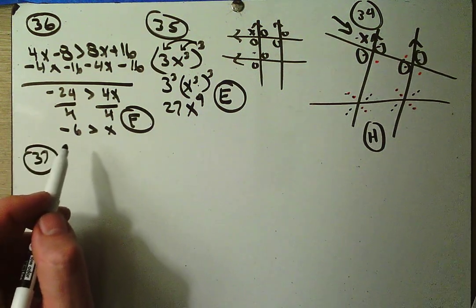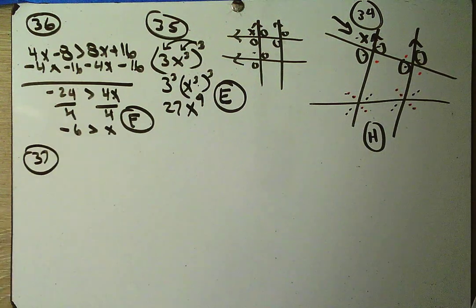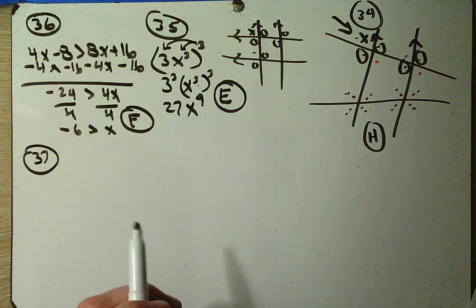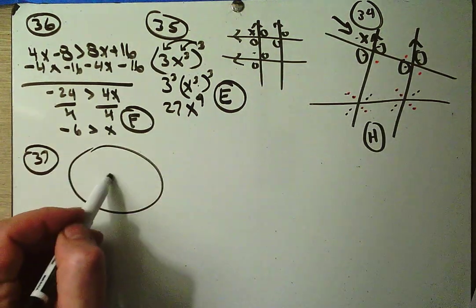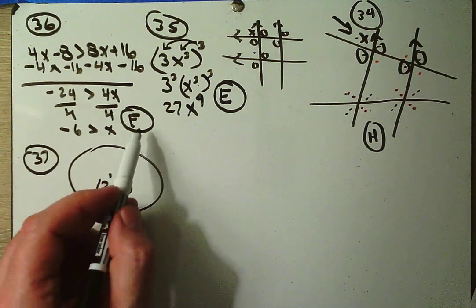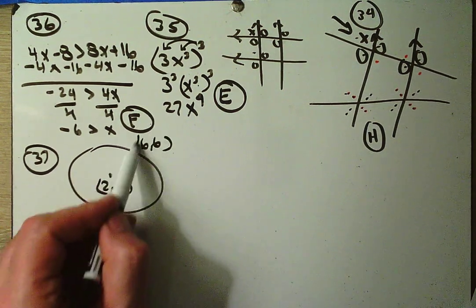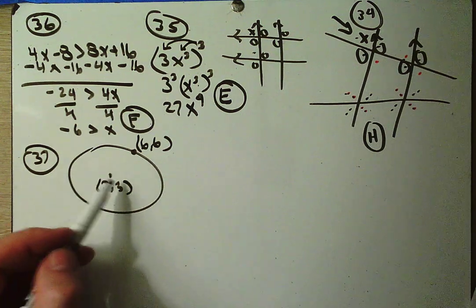37. As shown in the standard xy coordinate plane below, P lies on the circle with the center at 2, 3. Okay. So here's 2, 3, and here's the center, 6, the point on the circle. What are the coordinates of the image of P after it is rotated 90 degrees clockwise from the center?